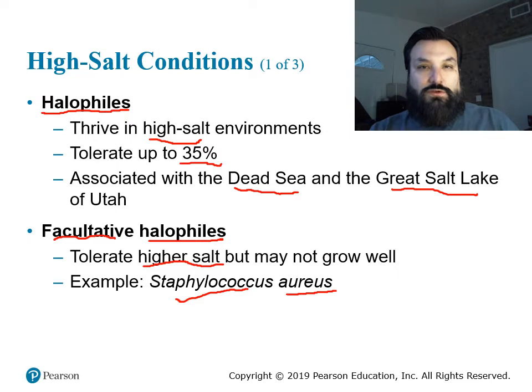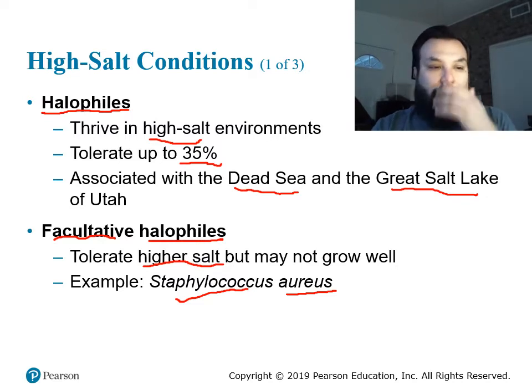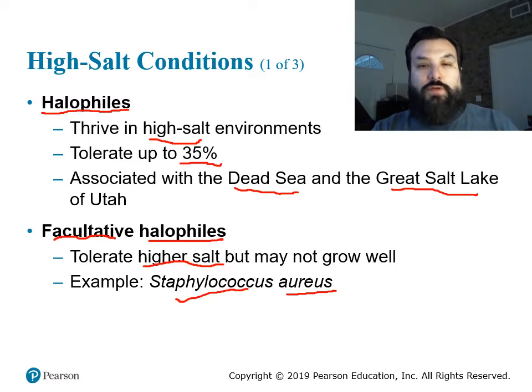So we find this, for example, in some humans on their skin, because the top of the skin is a high salt content environment. So some of those organisms are found there. Staph aureus is found there, but most of us have Staph epidermidis. Staph epidermidis is a common, what we call ubiquitous, microorganism that's found on skin.